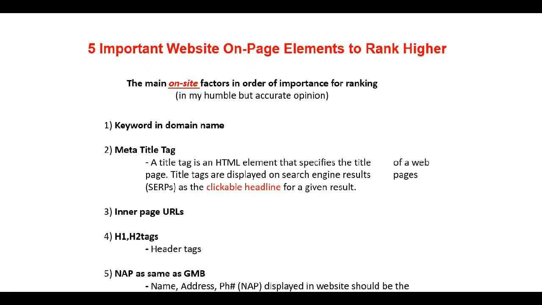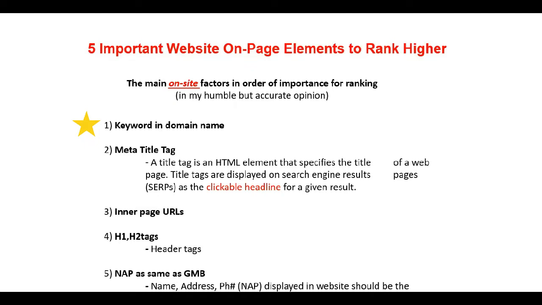One of the first things is keyword in the domain name, and we're going to go through examples of all of this. Keyword in domain name is basically in your website name. So if your website is johnsmithllc.com, and you're a DUI lawyer in Tampa, you don't have the keyword Tampa DUI lawyer, your main primary keyword, or any associated keyword in your domain name.